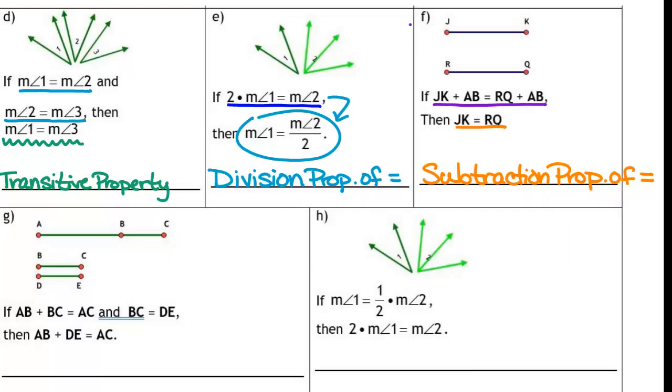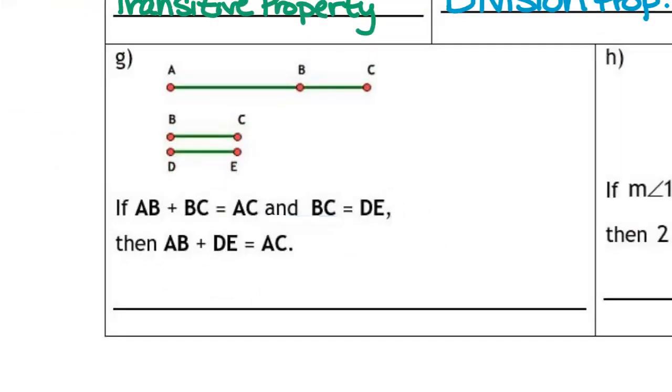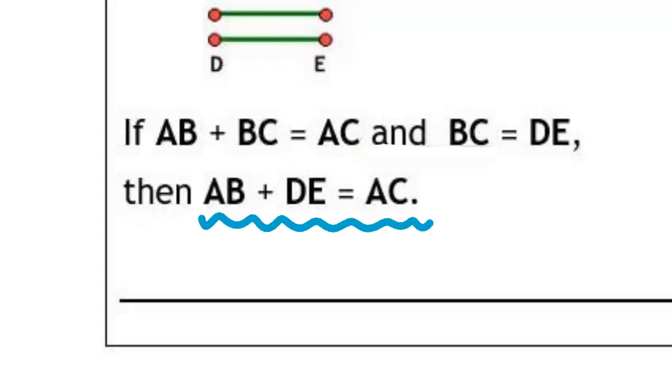Two more to go and then we're done. If AB plus BC equals AC and BC equals DE, then AB plus DE equals AC. What's different down here from my then?